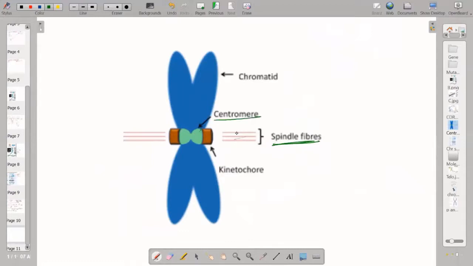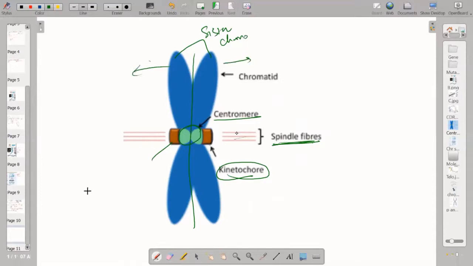This is your centromere region, and these are the kinetochores, the protein core that is binding here. The spindle fibers pull the sister chromatids, I keep saying chromosomes, during the anaphase.